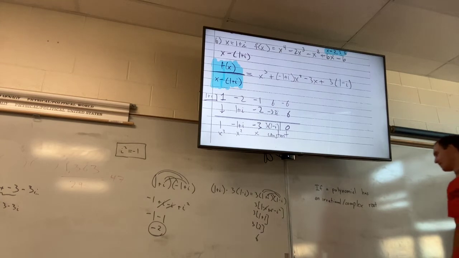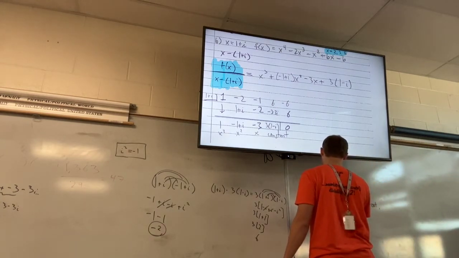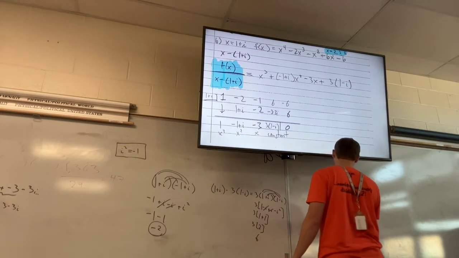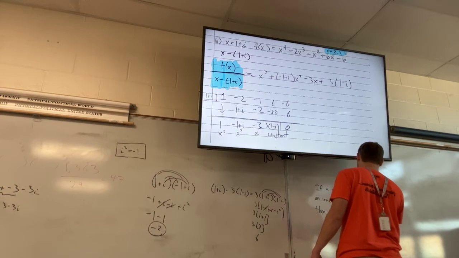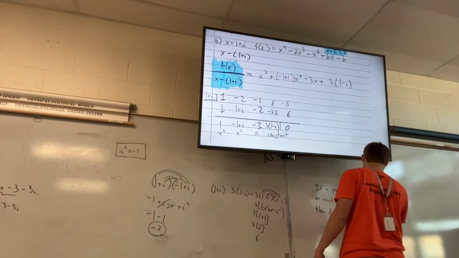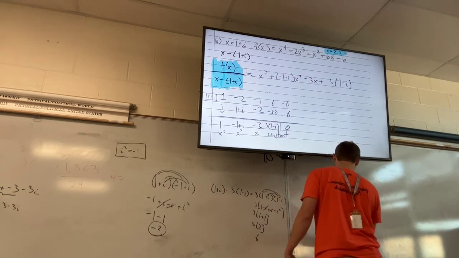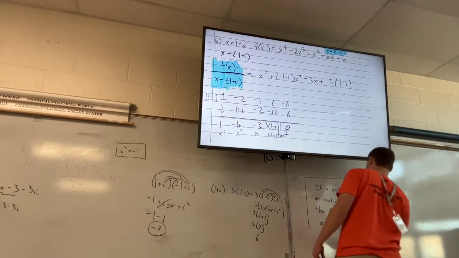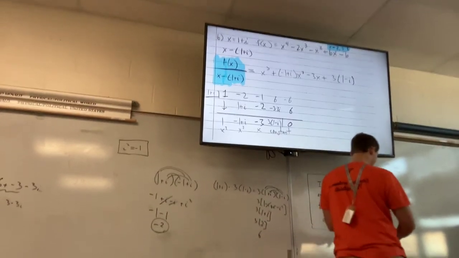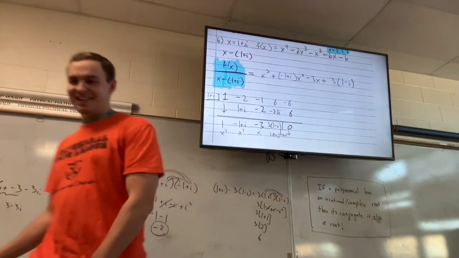Then its conjugate is also a root. I forget the name of the theorem, but it's very important. Let's give that a box.